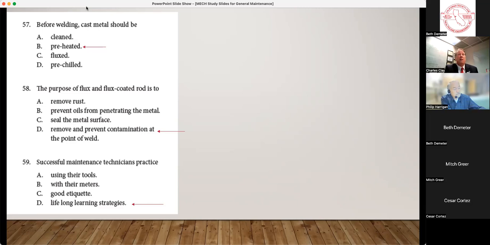The purpose of flux and flux coating on rods, we talked about this earlier, is that it removes and prevents contamination at the point of weld. It actually seals it up from oxidation as well. Number 59: successful maintenance technicians practice lifelong learning strategies.